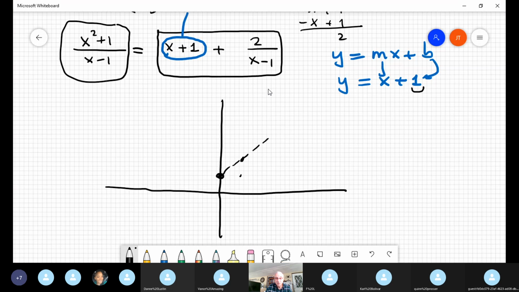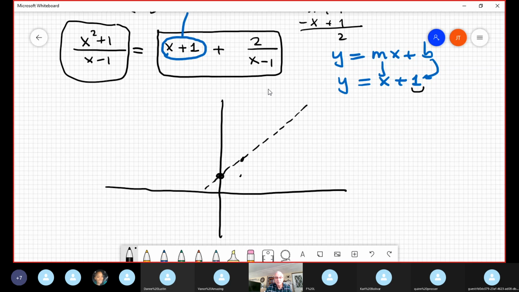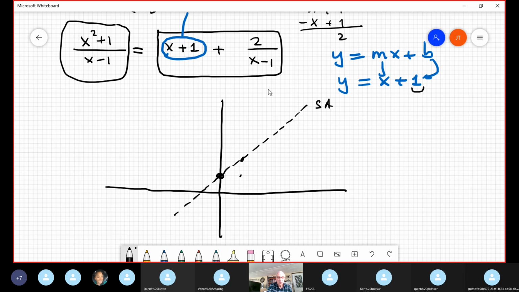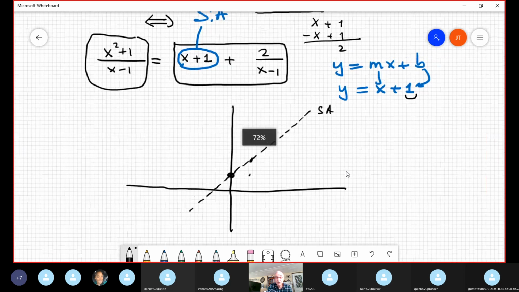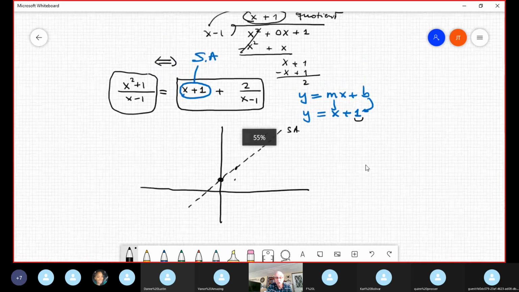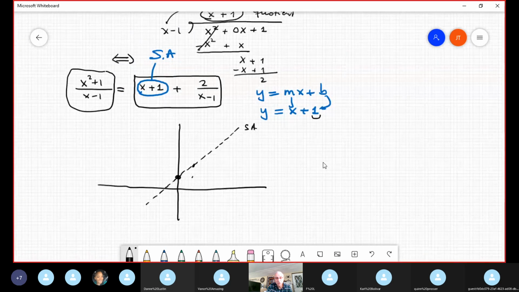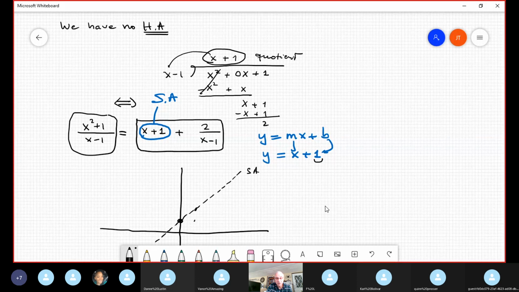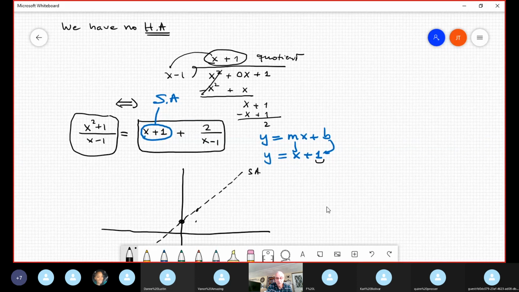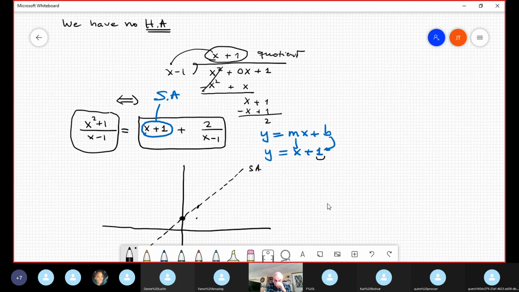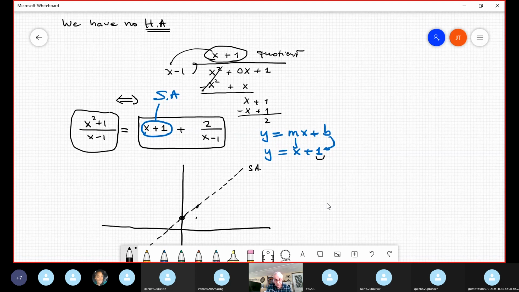This is my slant. Okay, and this is one part of our problem. We have horizontal? No, horizontal no, because if we have a slant, we have no horizontal. In the other direction, if we discover that we have horizontal, we definitely have no slant. It's a contradiction. They are completely different ideas.